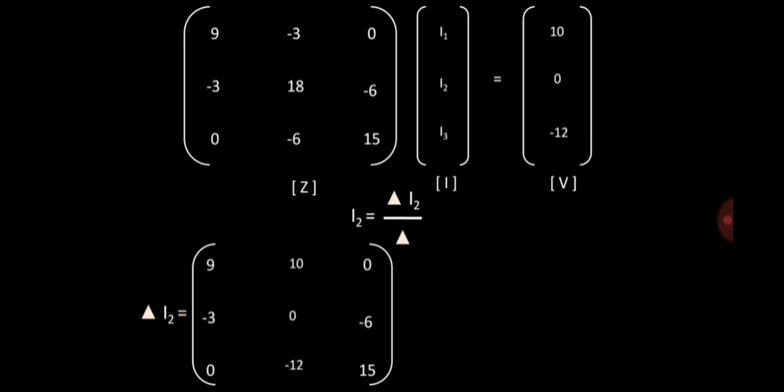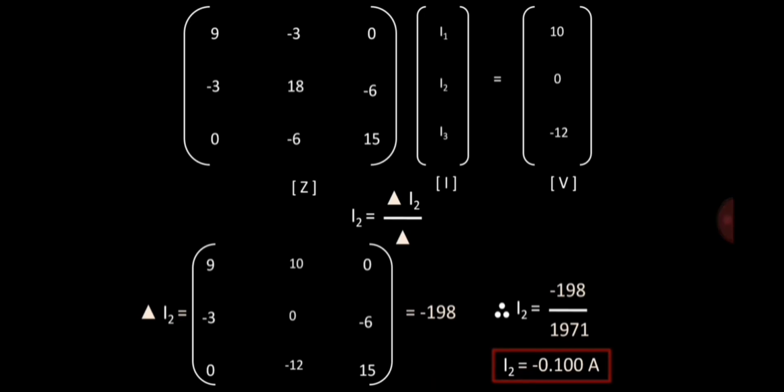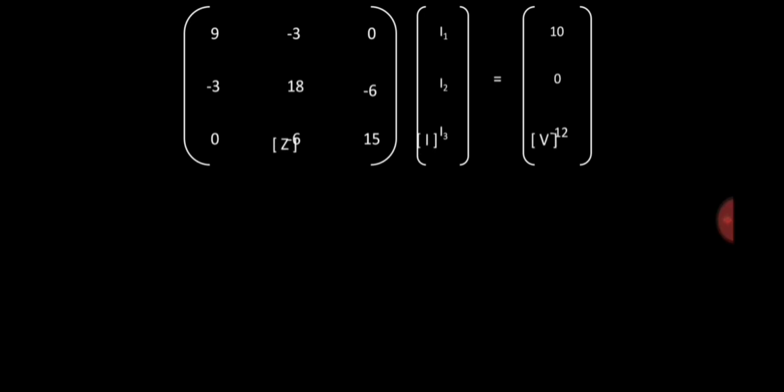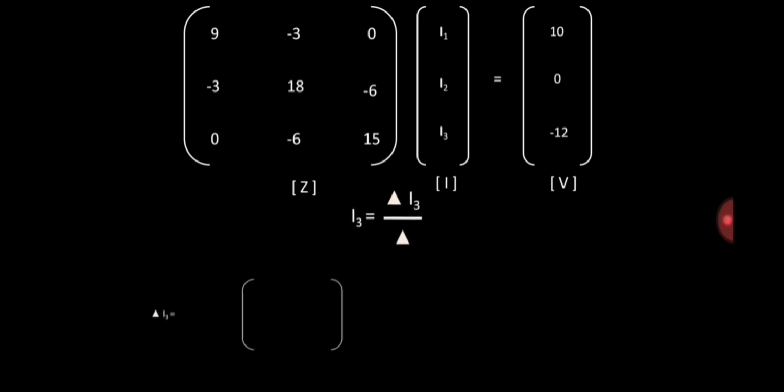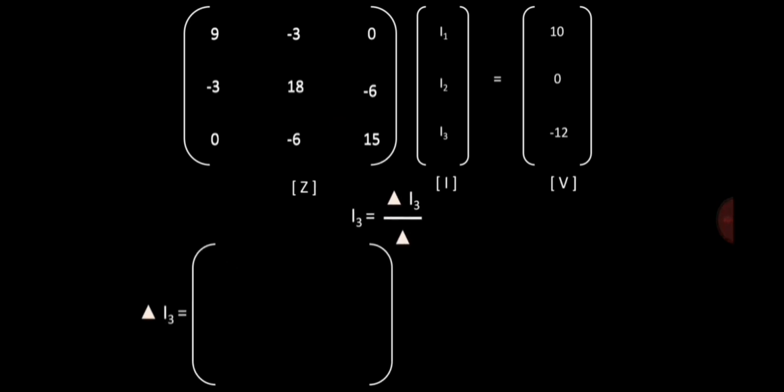So solving for the determinant of this one, by using the formula for finding the determinant, we'll have negative 198 as the answer. So I2 divided by the main matrix will give I2 as negative 0.1 ampere.